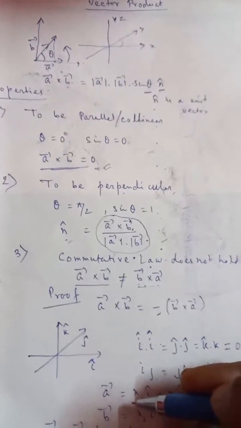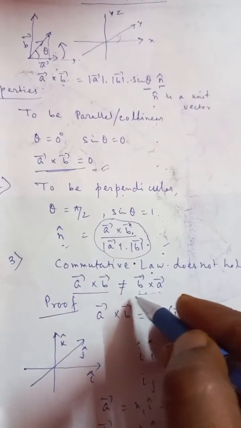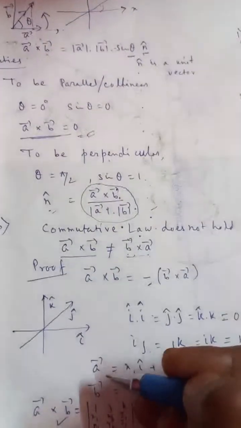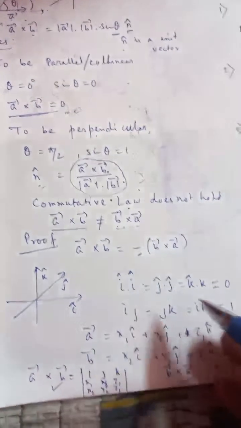But the commutative law does not hold in the case of the vector product, since in the case of A vector cross B vector we will have the following form.